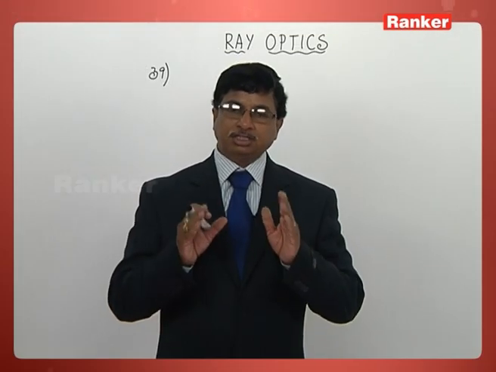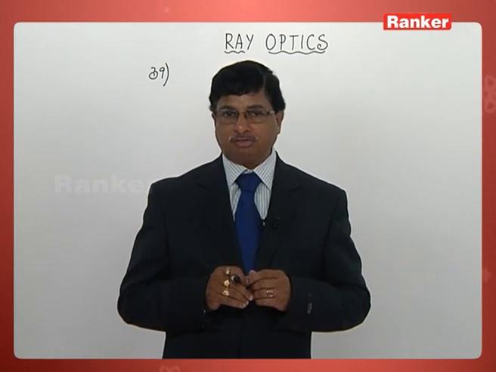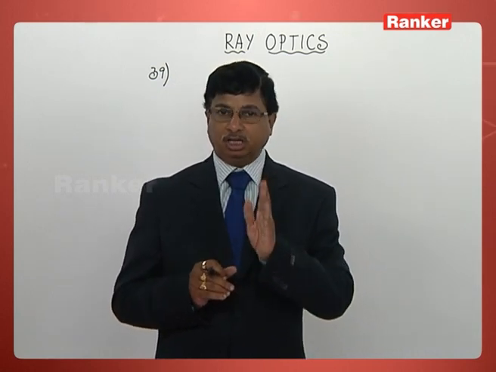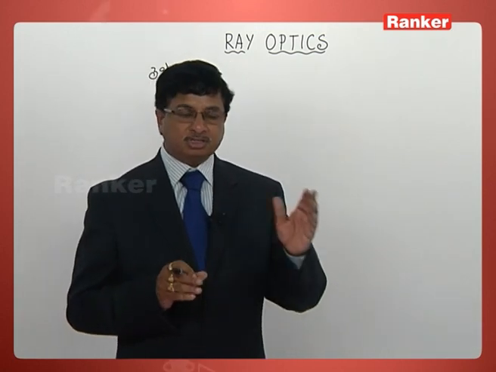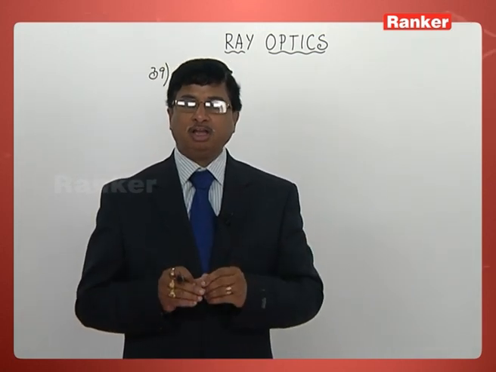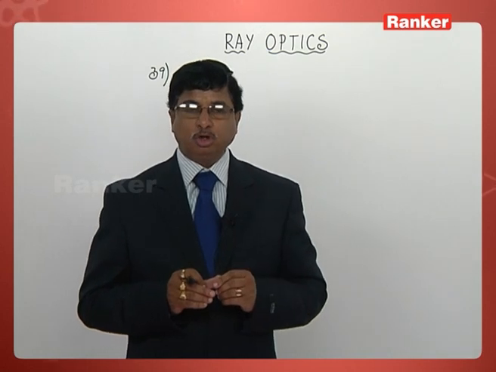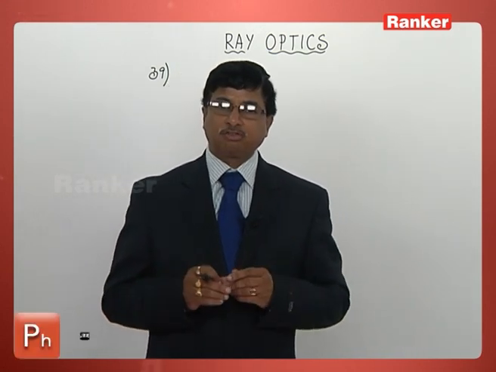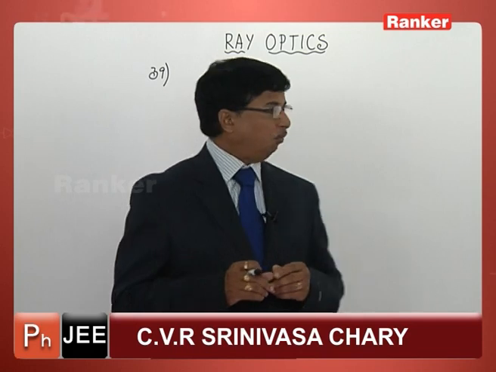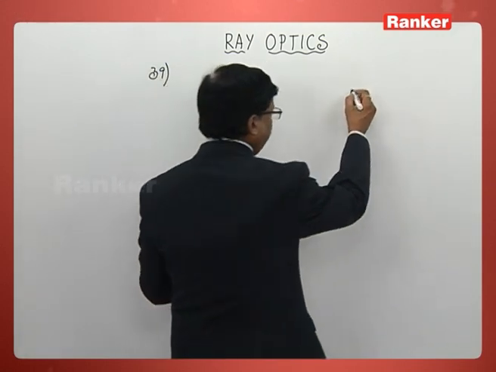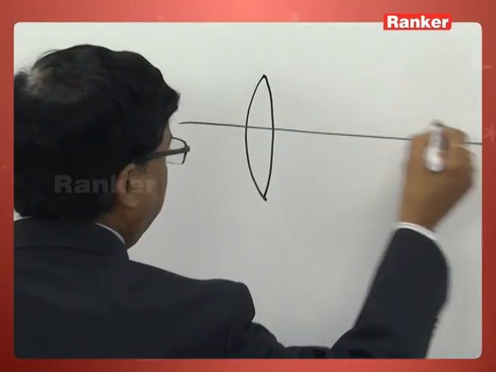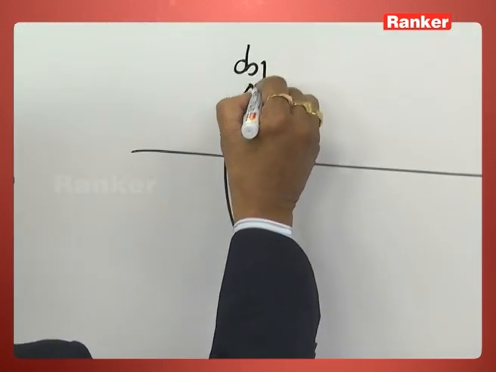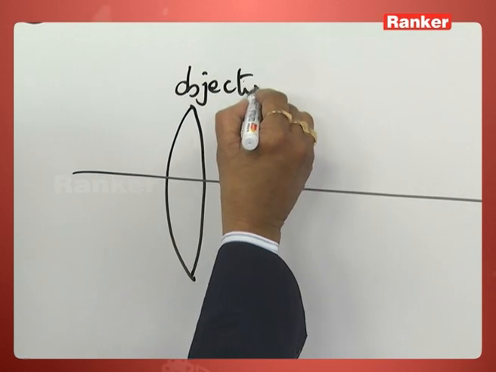The concept you should understand in this case is, where do we keep the erecting lens in between the objective and eyepiece of an astronomical telescope to convert that one into a terrestrial telescope. What is the concept here? You try to recollect. There will be one lens like this. This, of course, we call as an objective.